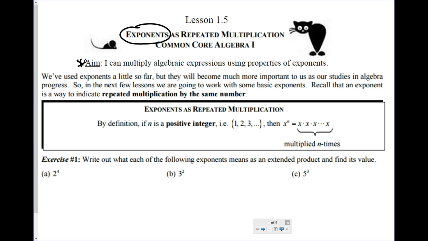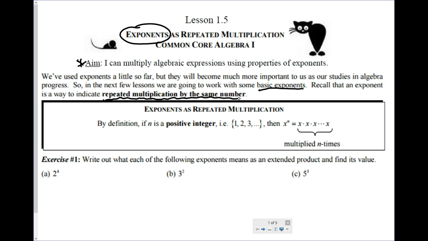Let's read. We've used exponents a little so far, but they will become much more important to us as our studies in algebra progress. So, in the next few lessons, we are going to work with some basic exponents. Recall that an exponent is a way to indicate repeated multiplication by the same number.